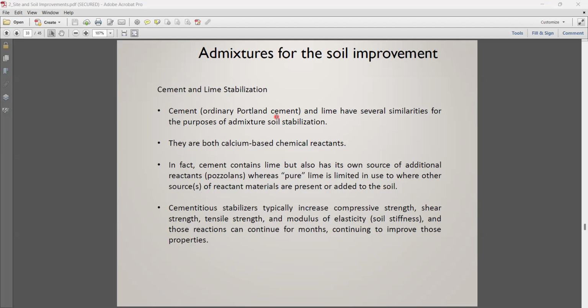Okay, so in cement and lime stabilization for soil improvement, one admixture you can use is cement and lime. This outlines the process of what happens when we put in cement and lime.